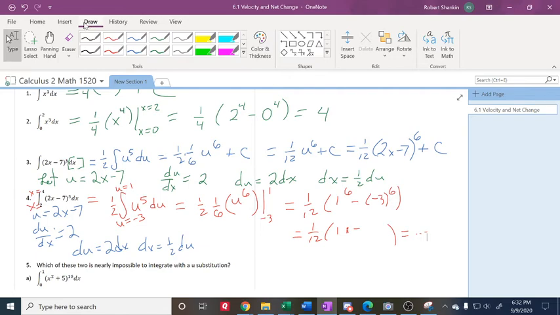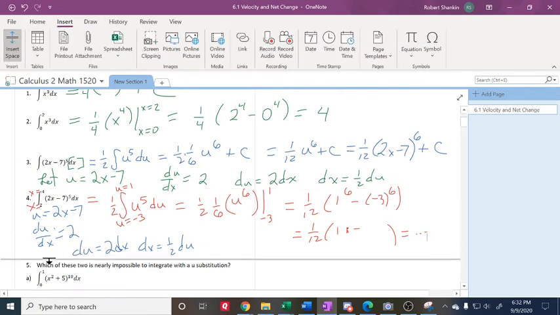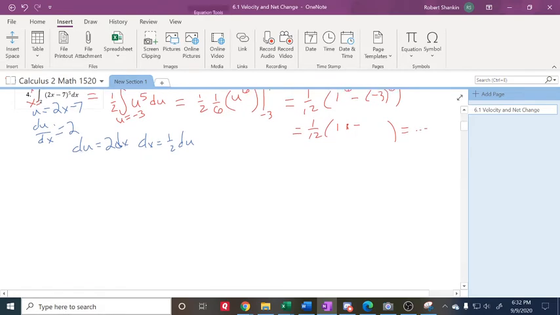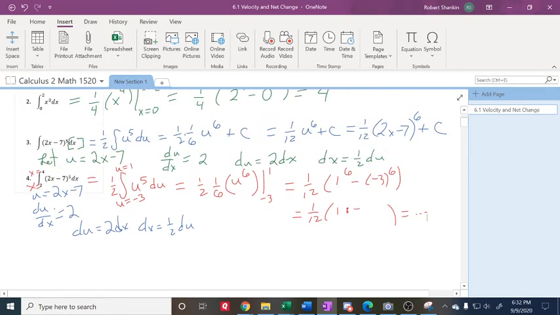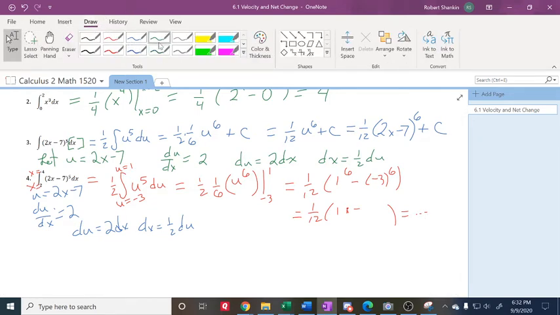You could also do it inefficiently. Let me insert a little more space here. The inefficient way to do this one, let's take yet a new color here, would be at this point, instead of, when I rewrote it with u's, I get u to the 5th, 1/2 du, I could have kept them as x's.